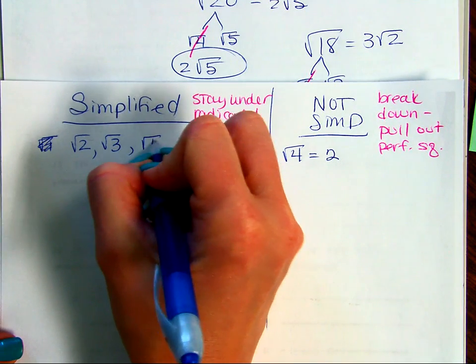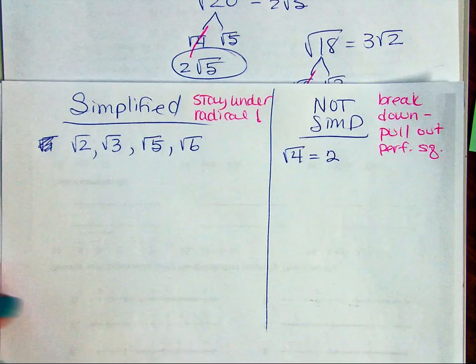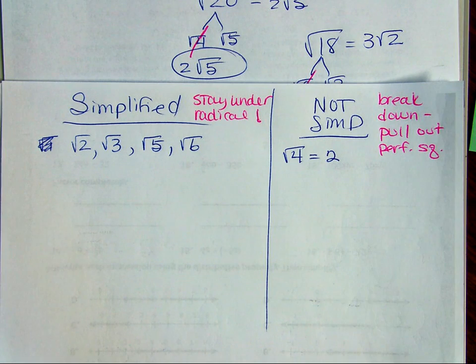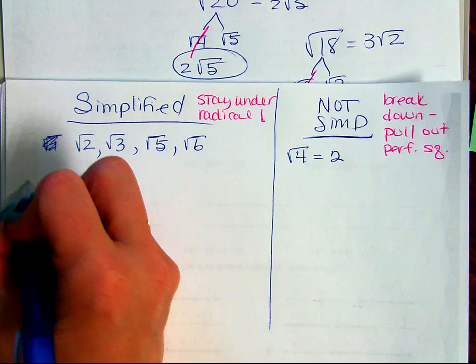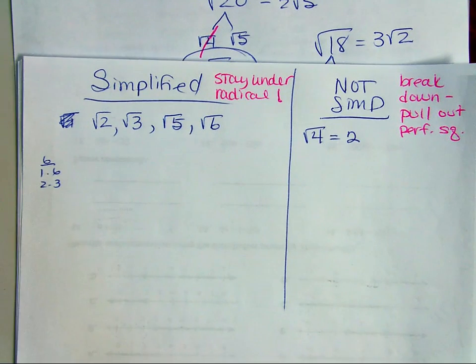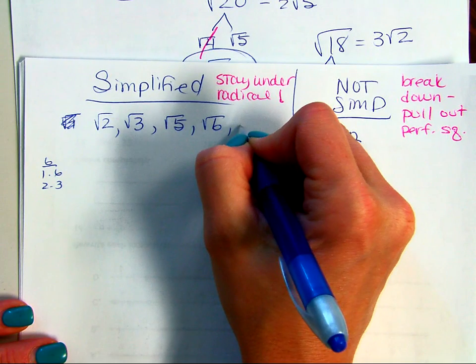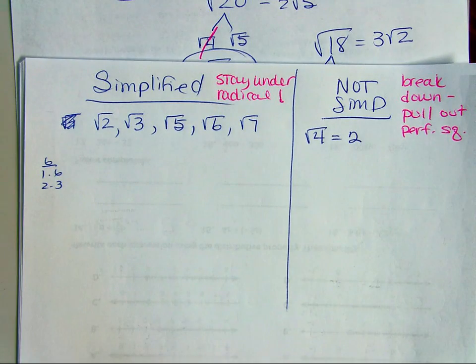The square root of 5 has to stay because it's not a perfect square. Okay, now stop for a second. The square root of 6 stays under? Yeah, because the factors of 6 are 1 times 6 and 2 times 3. And are any of those perfect squares? Nope.